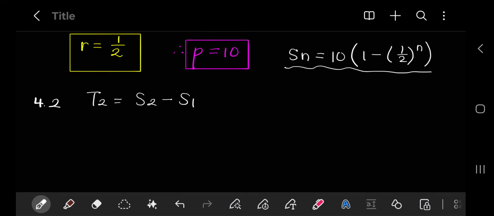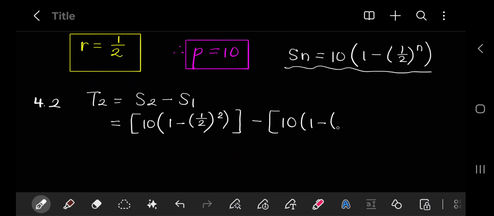Okay, so here I have it, T2 is equal to S2 minus S1, and remember this is your sum formula. So for S2, I'm just going to calculate it in here. If you want to calculate the values separately and then substitute, you're welcome to do so. I've just used square brackets around them to separate each one.